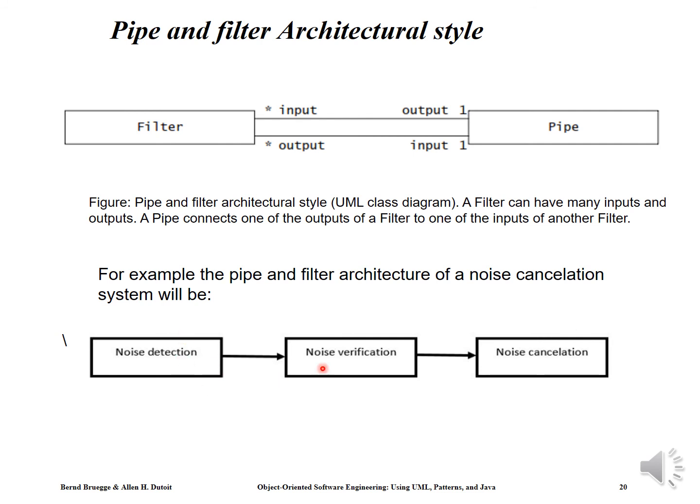The filters can process some data in parallel. Another advantage is reusability. Each filter can be called and used over and over again. So these are some advantages of this architecture style.